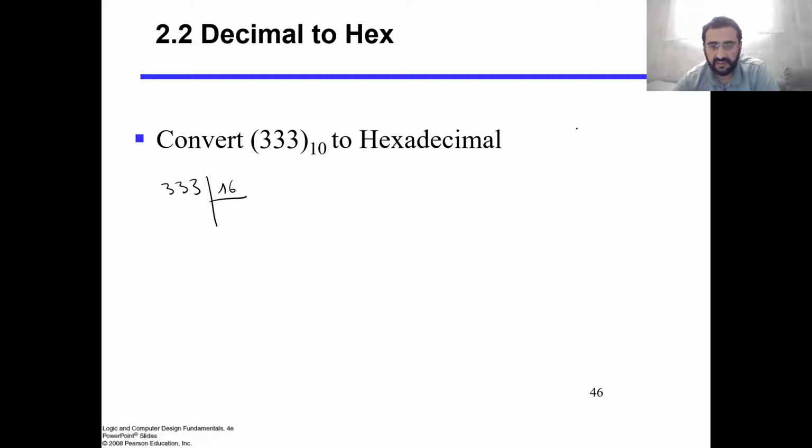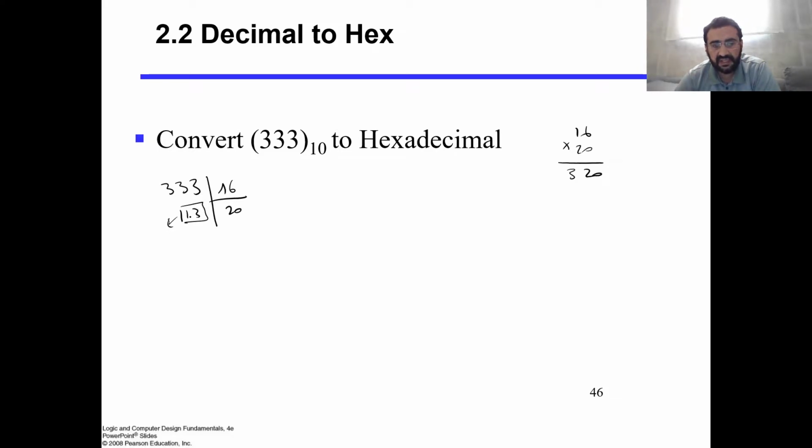We need to make successive divisions by 16. So 16 multiplied by 20 is 320. So we have 20 here, and we are left with 13. Okay, so 13 we need to encode using the hexadecimal system.